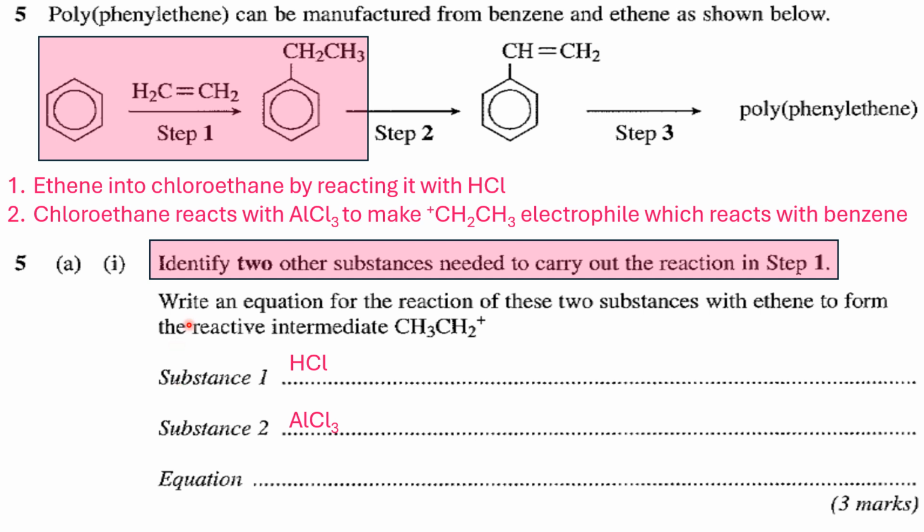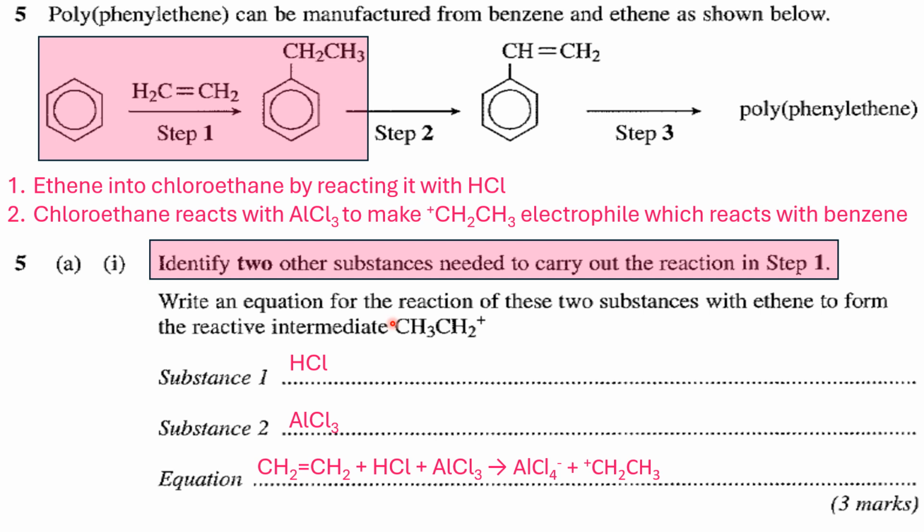Now, they've said write an equation for the reaction of these 2 substances with ethene. So that bit there, these 2 substances with ethene, suggests that there are actually 3 things on the reactant side of my equation. So you have your ethene, your HCl, and your AlCl3. That makes your AlCl4- and your reactive intermediate, CH3CH2+.